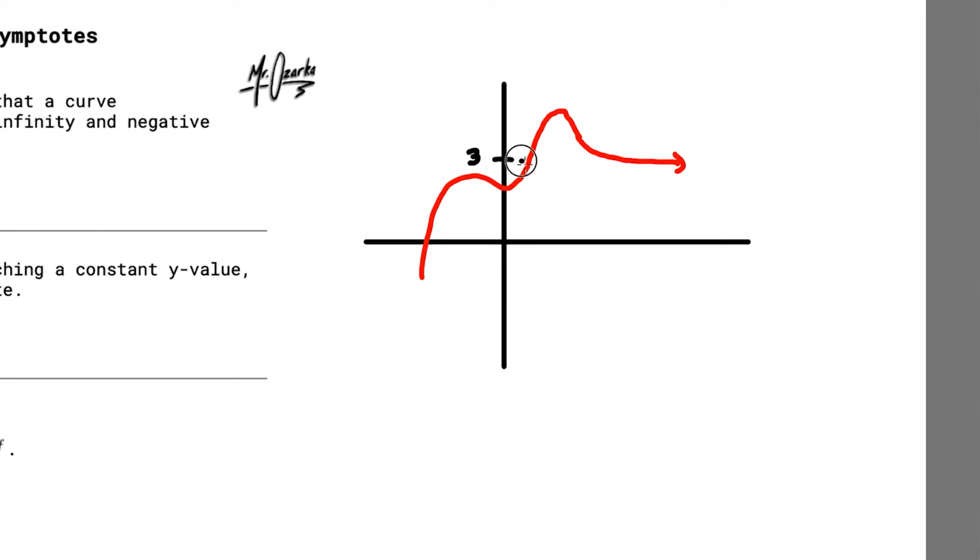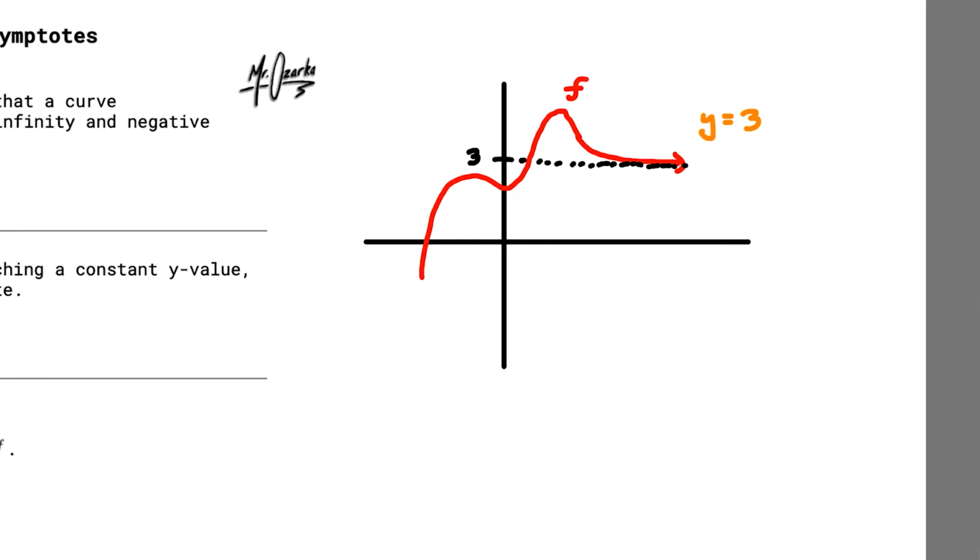So you can imagine a horizontal line right here, and this graph of f, let's just say this red right here is f, it's approaching or getting infinitesimally closer to this horizontal line of y equals 3, but never actually reaching it. The horizontal asymptote for this problem would be y equals 3, because f is getting infinitesimally closer to 3 but never reaching it.